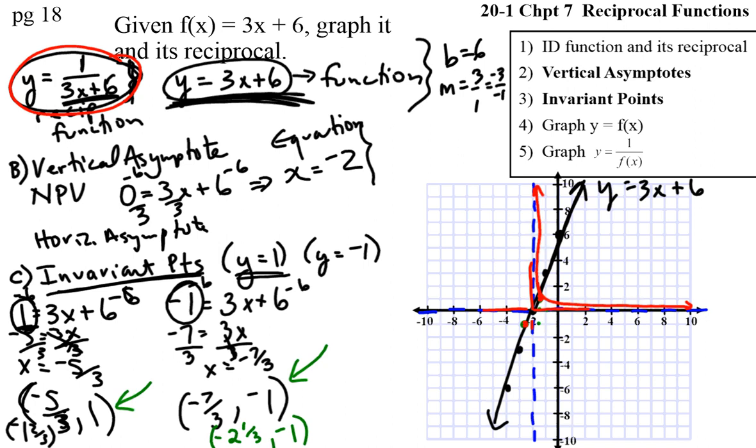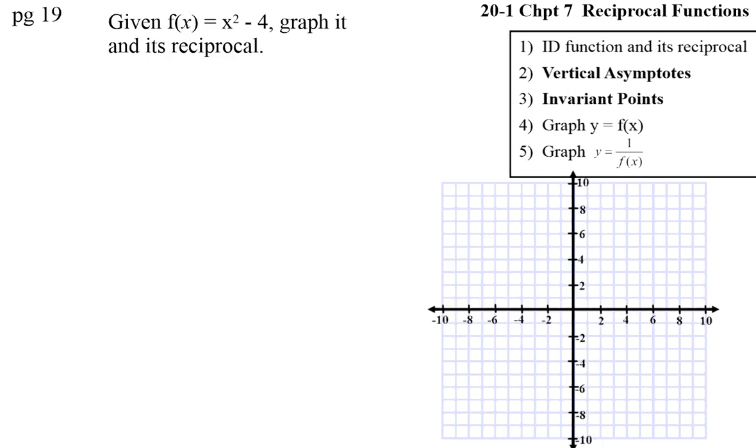Down below, I would be close to the axes, my asymptotes, go through the invariant points, and then continue and get closer and closer to the asymptote. And there's my graph. The red is my reciprocal because I'm not contacting the asymptotes and I am going through my 2 invariant points. There's how I can come up with a reciprocal graph. Lots of little calculations that aren't new and being able to apply them to see what our function and its reciprocal function look like on a graph.